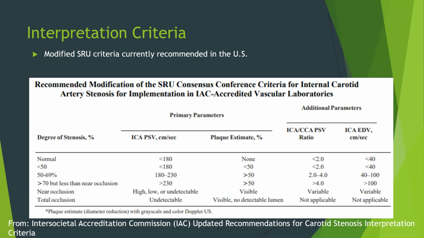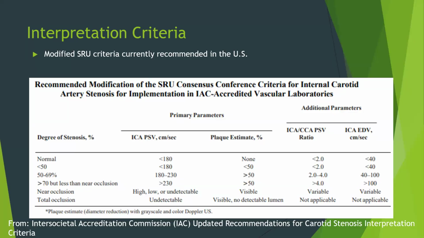Okay, so this is the consensus criteria they updated for the IAC for accredited vascular labs here in the United States. I just want you to focus on the number 180 here. The 180 centimeters per second is going to be the cutoff for our normal, our less than 50, compared to our 50 to 69.